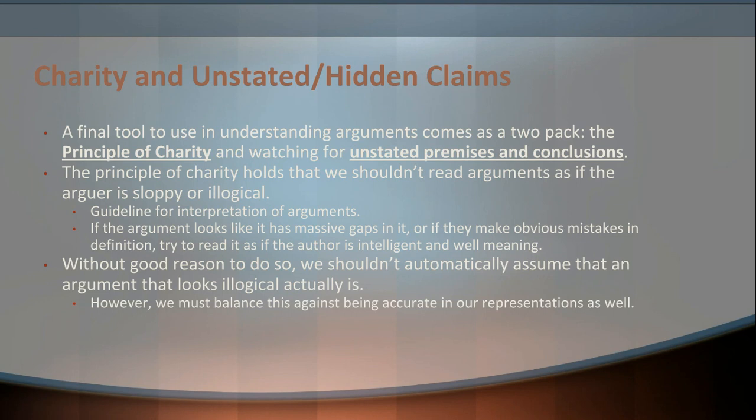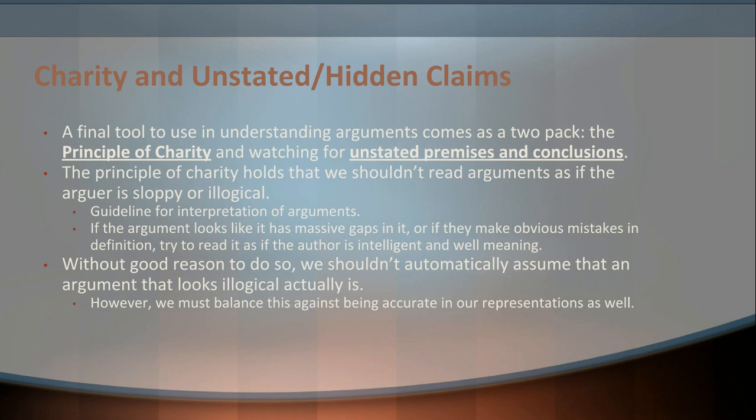Our textbook has a couple of paragraphs discussing why you should have a moderate principle of charity, or whether you should be moderately charitable rather than taking an extreme form of this kind of idea. An extreme version of the principle of charity would say something like, well, you should always read arguments in the best possible way.